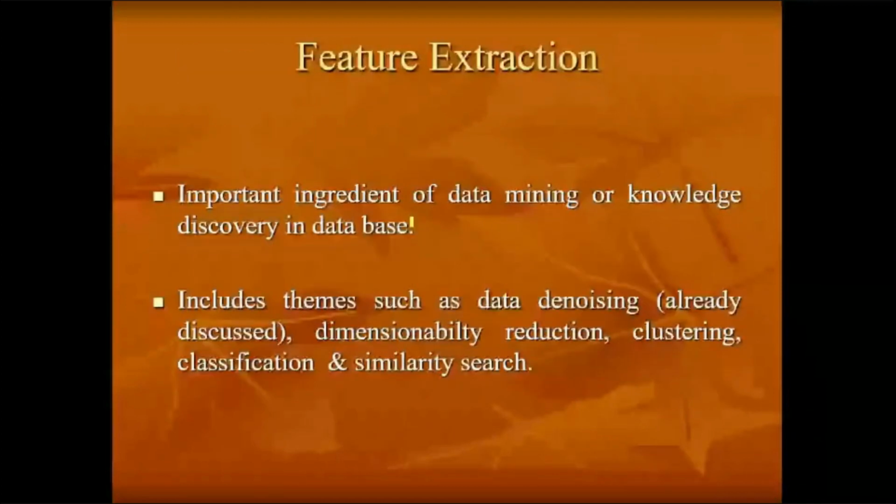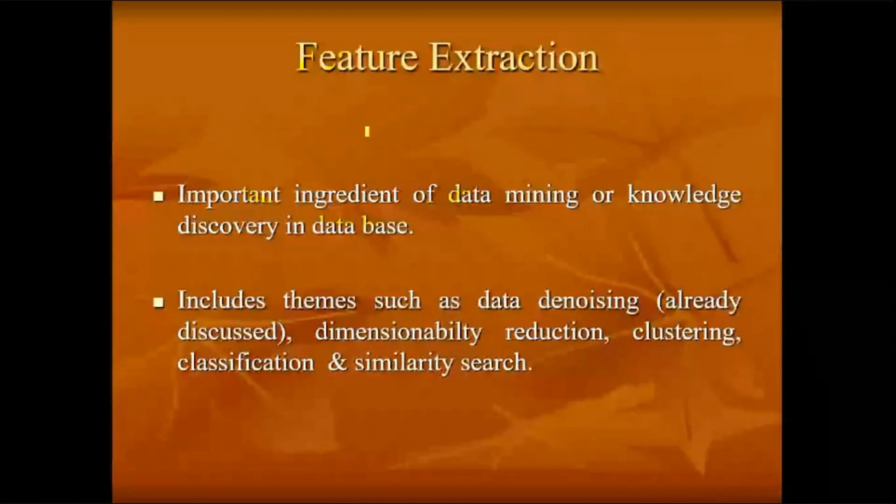Then another important part is feature extraction. The earlier part which we studied was known as denoising. The second property of data mining is feature extraction. So where do we have to use feature extraction?